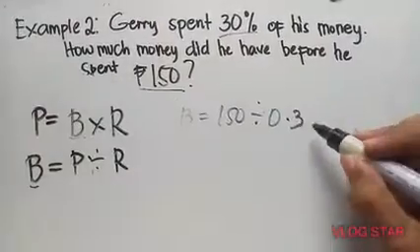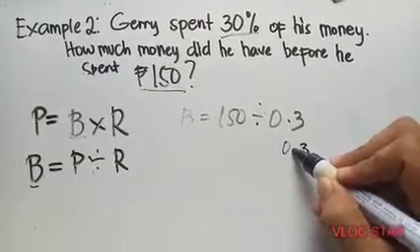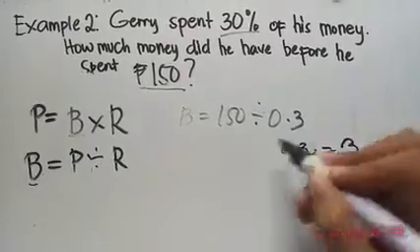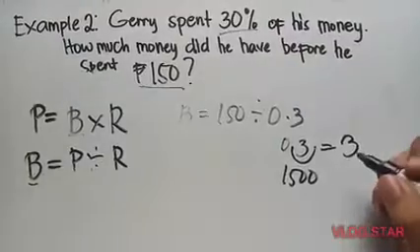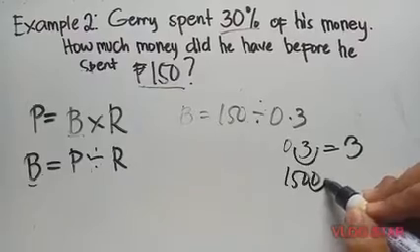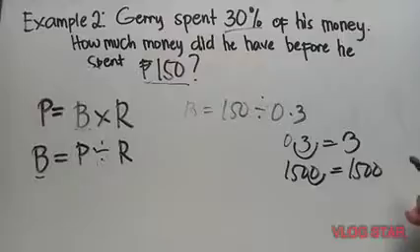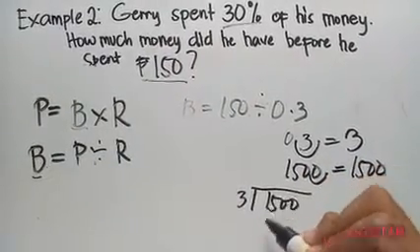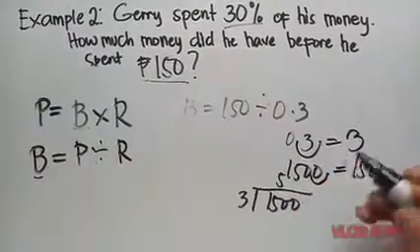To divide this easily, move the decimal point of the divisor to make it a whole number, so 3. Then you also move the decimal point of the dividend, from 150 to 1,500. Then divide 1,500 by 3. 15 divided by 3 is 5.